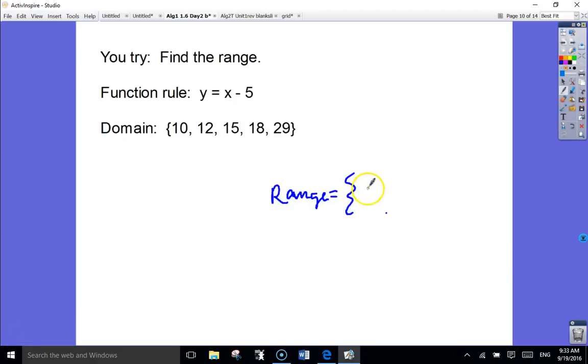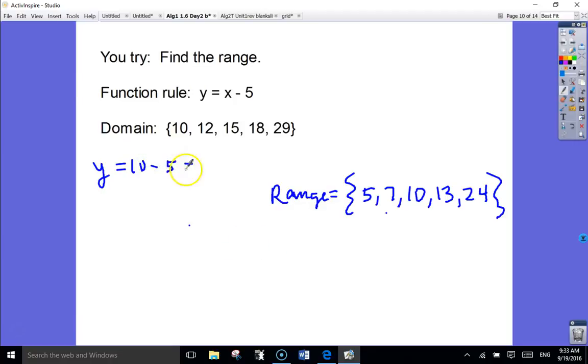What's the first member? 5, 7, 10, 13, 24. Right? So for each one of these, for the first one, y equals 10 minus 5. Just plug in those values one at a time, right? And that's the range. And if you're really being good about it, you put them in those curly set brackets, then you're perfect.